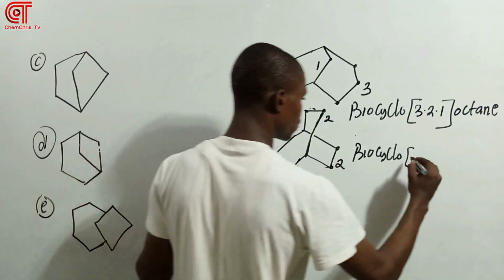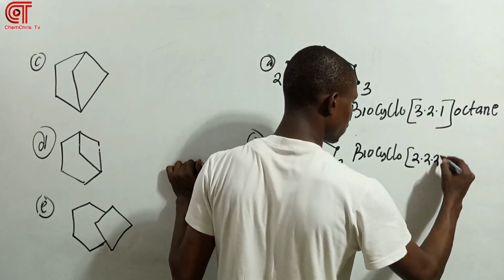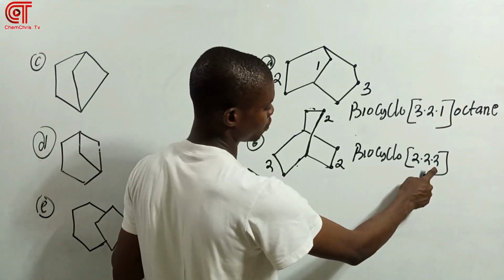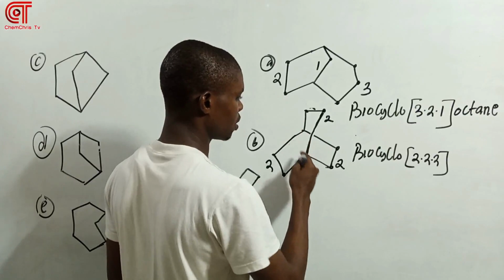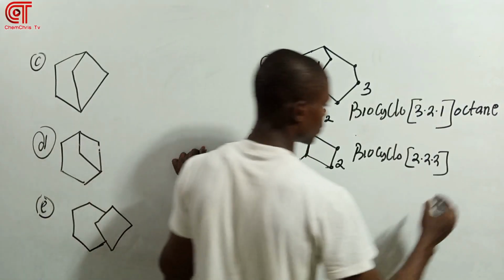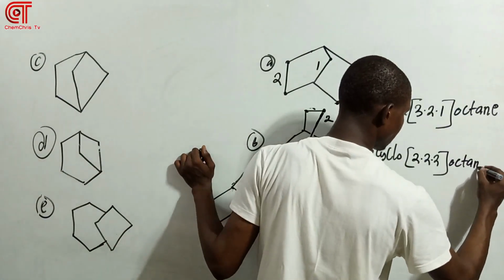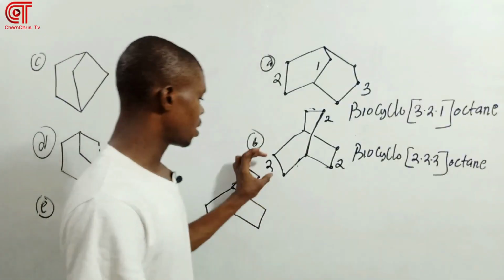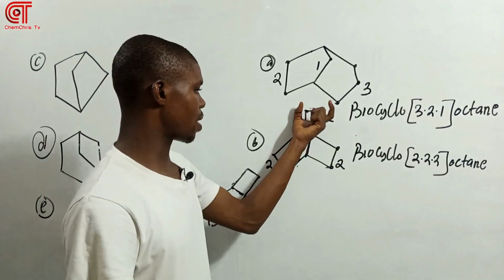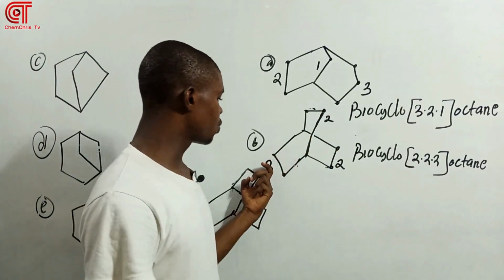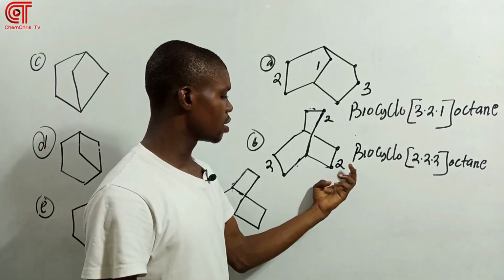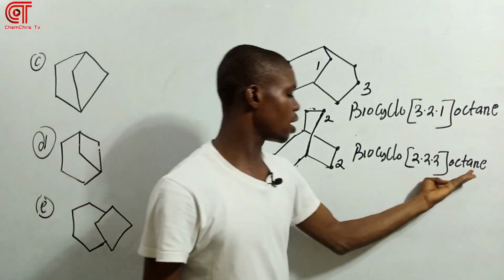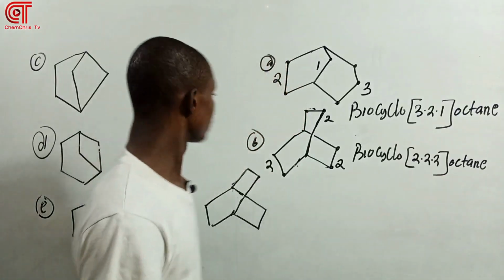Here we have 2, 2, 2, right? 2 plus 2 is 4, 4 plus 2 is 6, plus 2 making 8. So it will be bicyclo 2, 2, 2 octane. Because here we have 2, here we have 2, here we have 2. 2 plus 2 is 4, plus 2 is 6, and these two carbons here make 8, and the 8-member alkane is called octane.